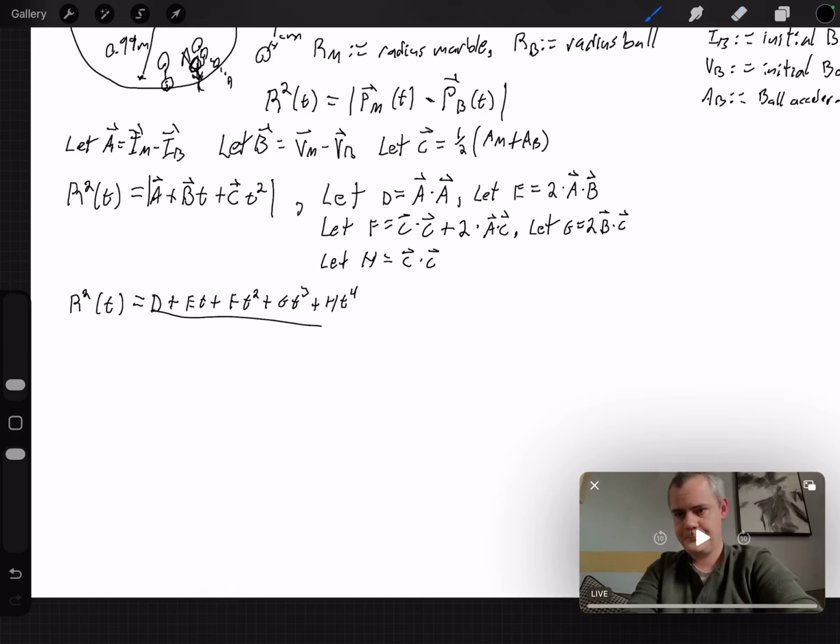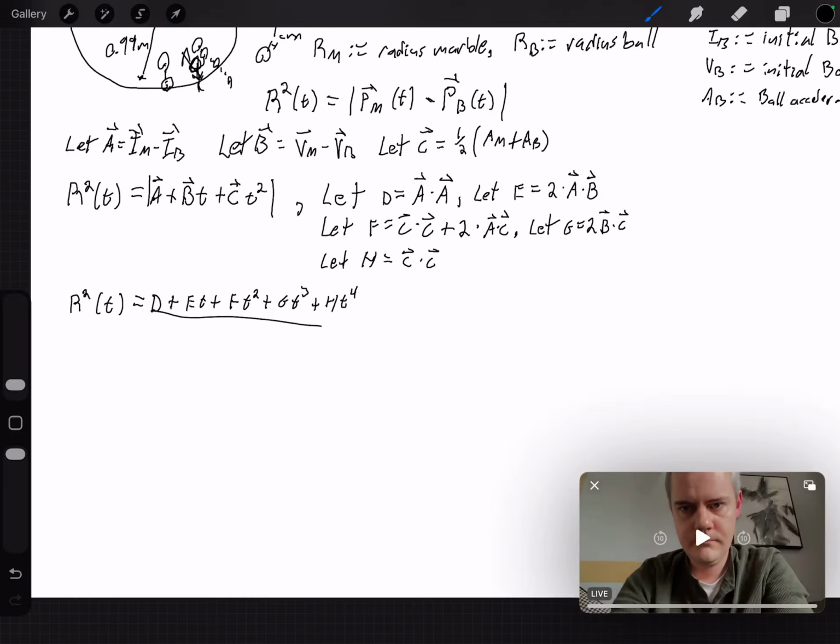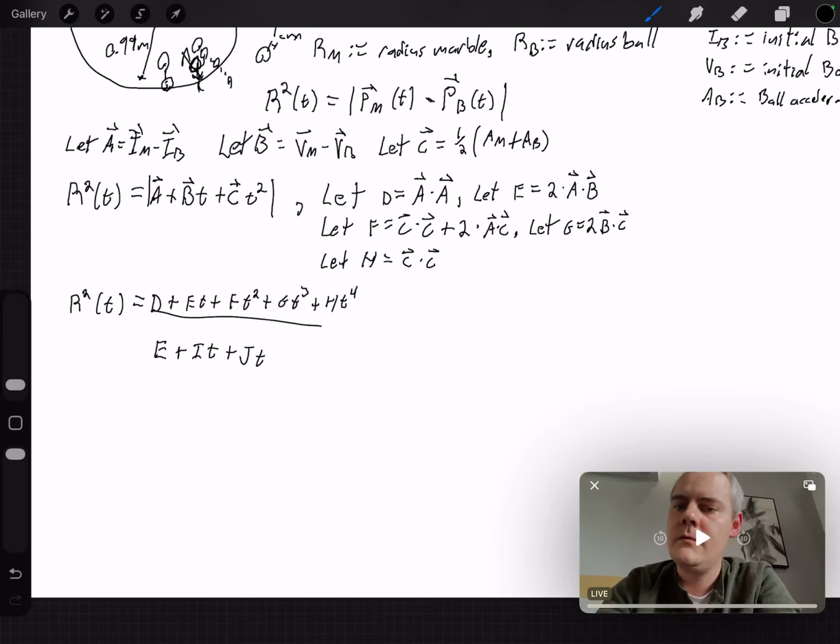So, I need a few more variables because I care about the derivatives now. H, I, J, K. Oh, I left that underline there. That's annoying.